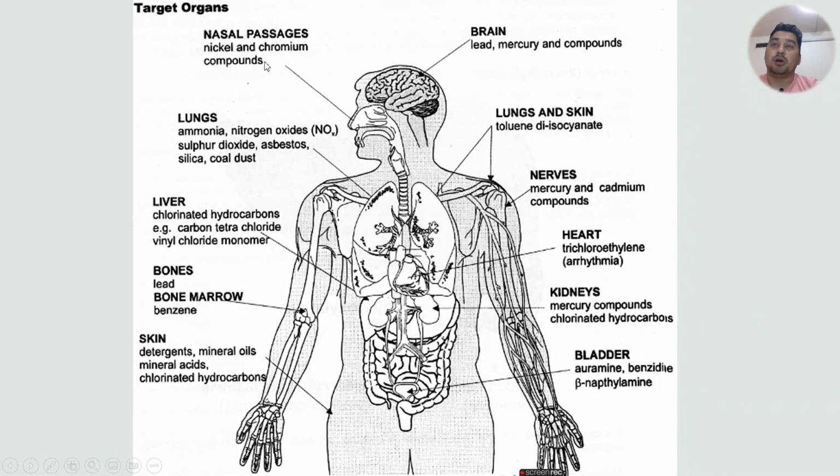These are the target organs, and different chemicals and substances will affect them. As you can see here, nasal passages, nickel and chromium compounds, brain, lead and mercury compounds, lungs, nerves, heart. So different substances will affect different organs in our body.